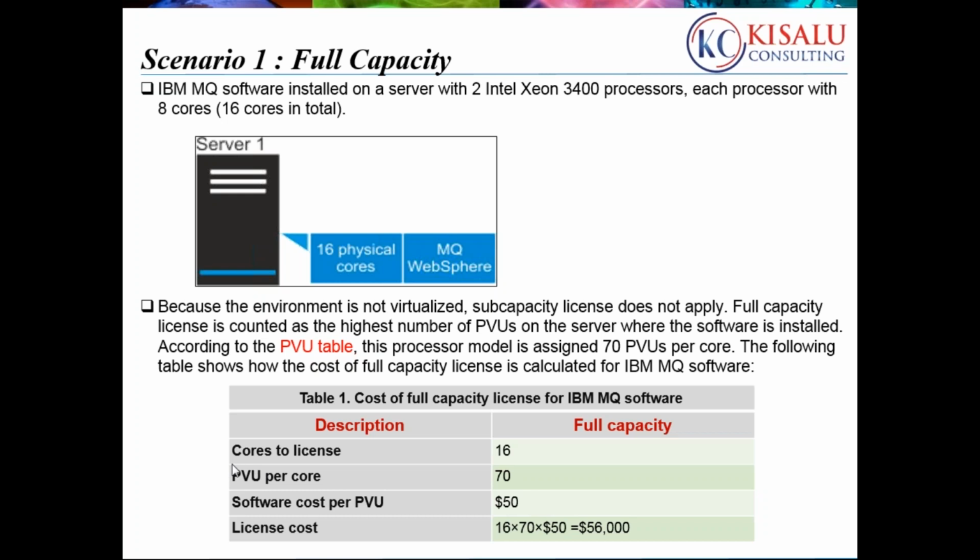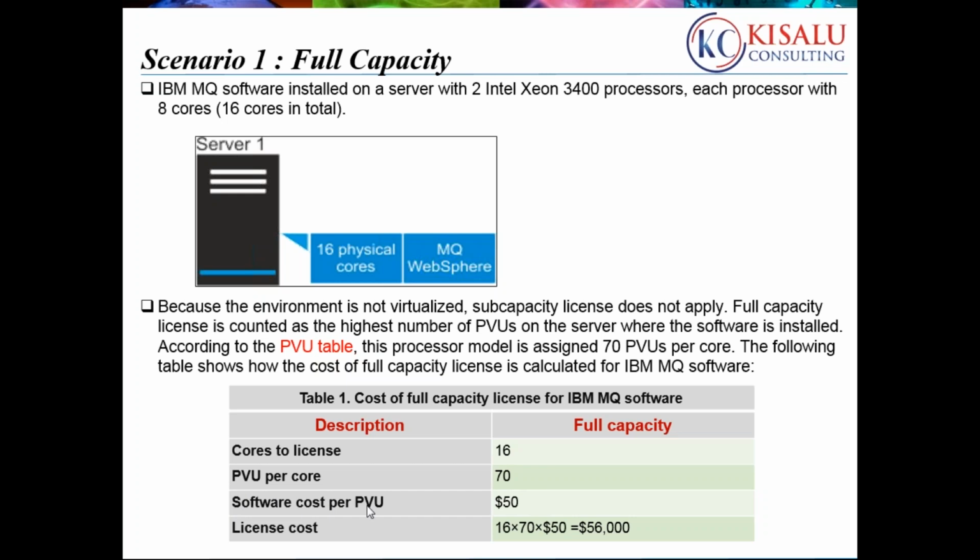For each core, the value is the PVU value, the performance that IBM gives, which is 70. We will then have to license 16 times 70 PVUs, which will be the total PVU count for that machine.